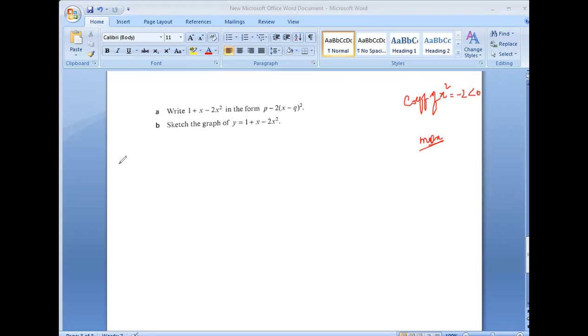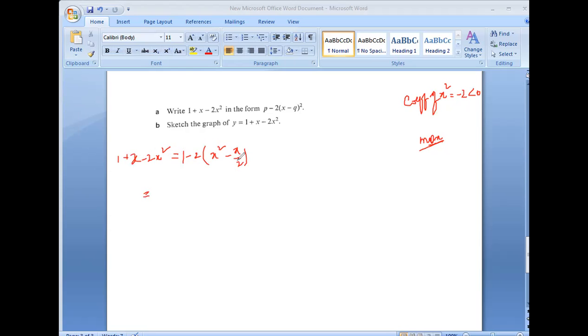Now see here. First we will convert this: 1 plus x minus 2x square. So this is equal to 1 minus 2 taking common, x square minus x by 2. So I am taking minus 2 common.